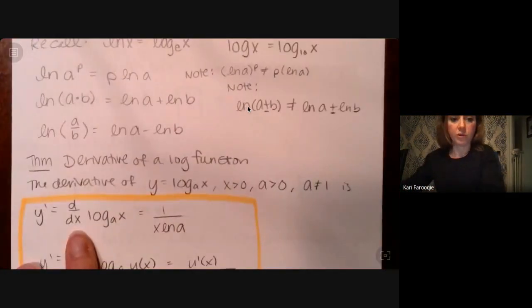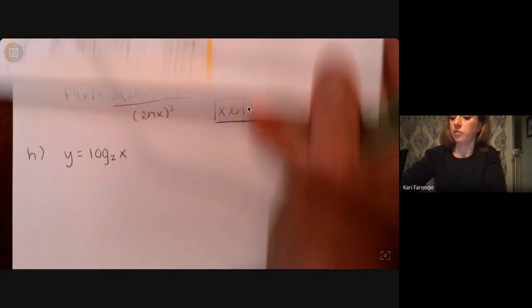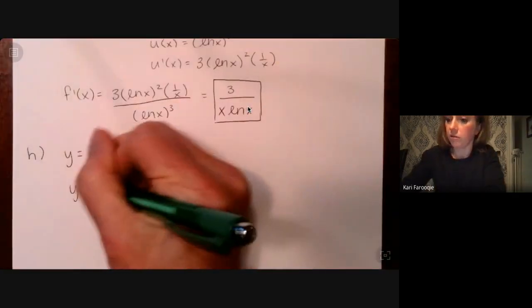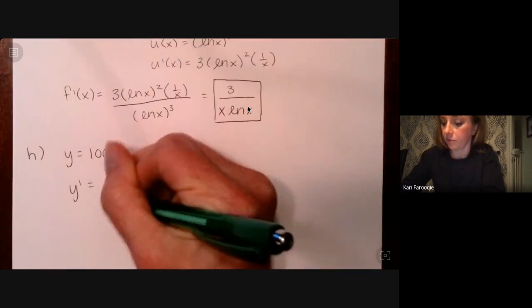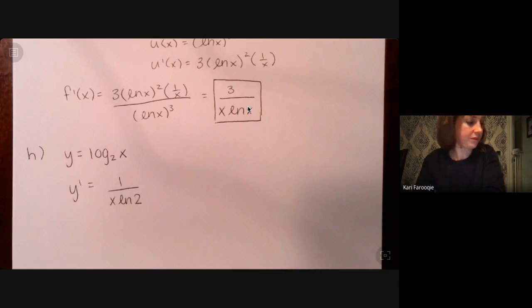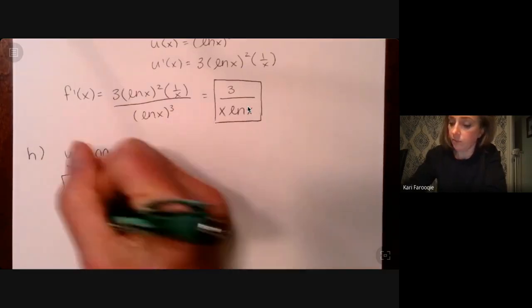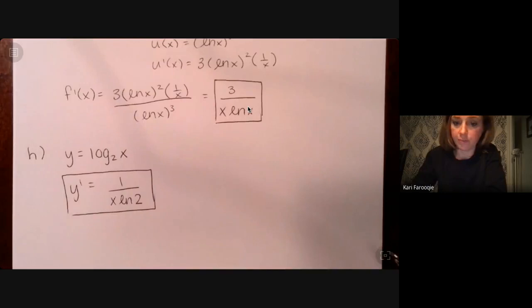The derivative with respect to x of log base a of x is 1 over x natural log a. So we're going to use that rule here. So we're going to take 1 over x natural log a. Now remember, a is the base. And that's it. You're done with that one. There's nothing more to do. We use the rule, stick a fork in it, it's done.